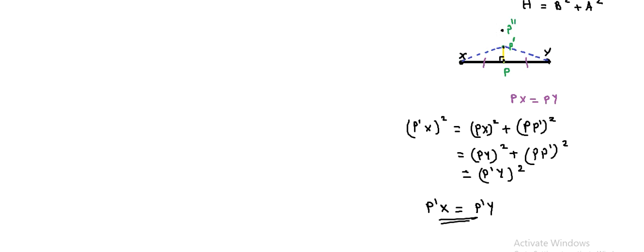So if we join X and P double dash and P double dash and Y, and I am joining this also, then consider the triangle PXP double dash, that is this bigger triangle here.